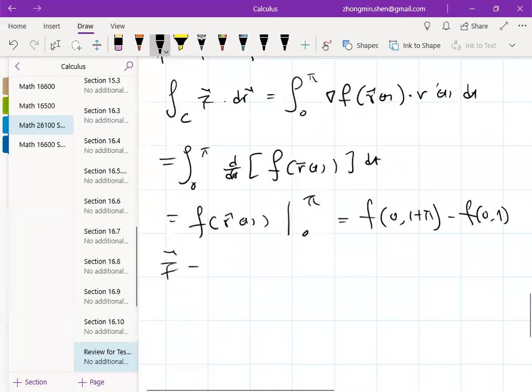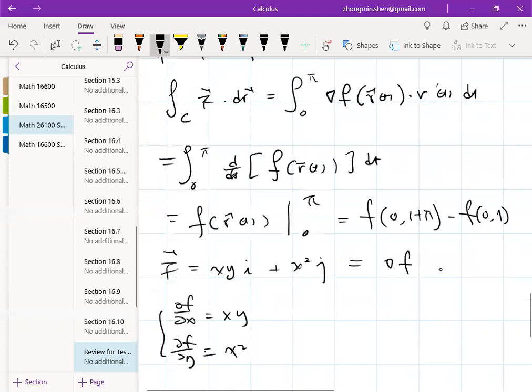So take a look at that. Now what is capital F, right? Capital F is just xy i plus x squared j. I'm just trying to see if it works. So that means the partial derivative with respect to x is going to be xy. Now before I do that, I can check whether this is conservative.